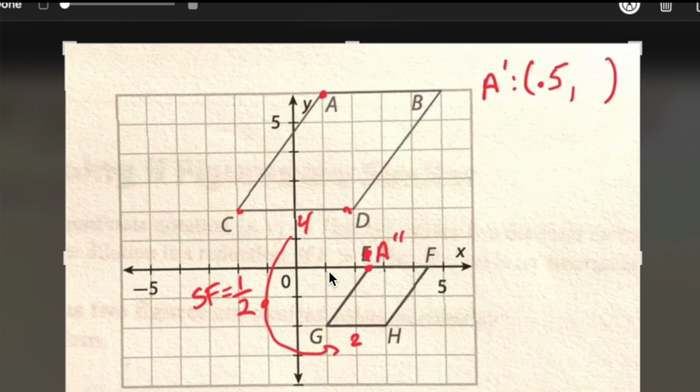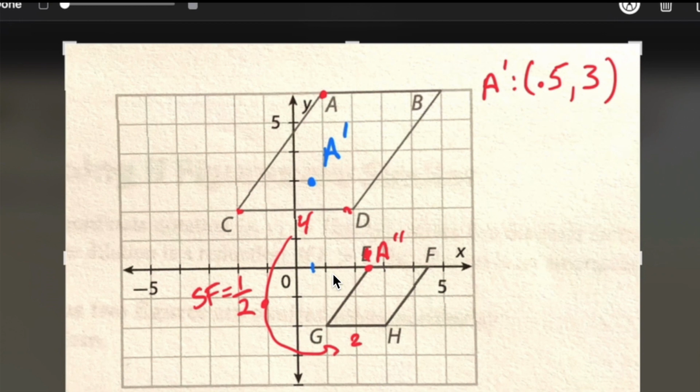Okay, kind of a nuisance. And the original y coordinate for point A is +6. We're going to multiply that and say that that is now +3. Okay, so our A prime point, which is temporary, is going to be 0.5, 3 right here.